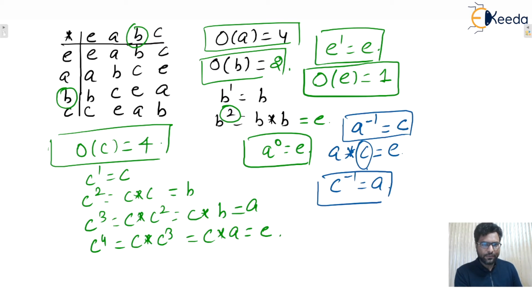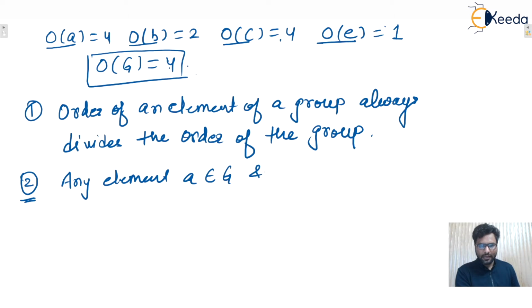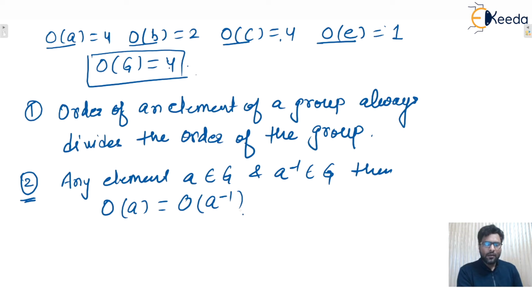So write down the second property. Any element A belongs to group G and its inverse belongs to G, then the order of A will always be equal to the order of A inverse.